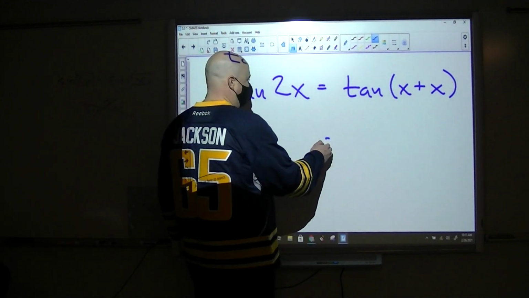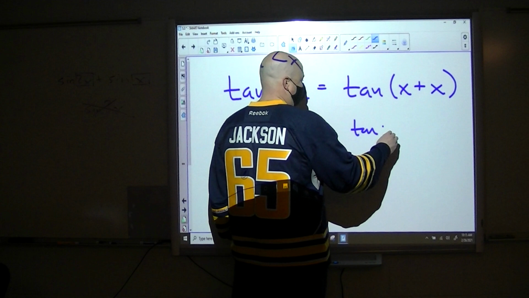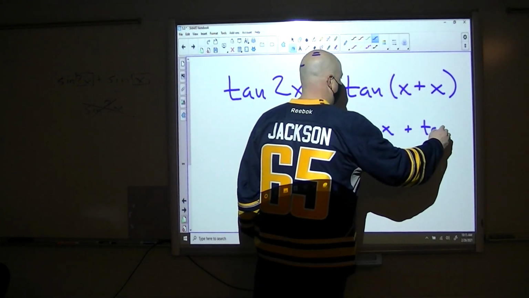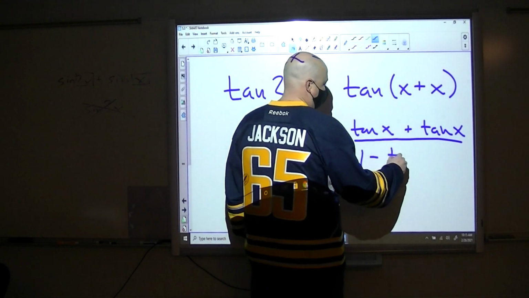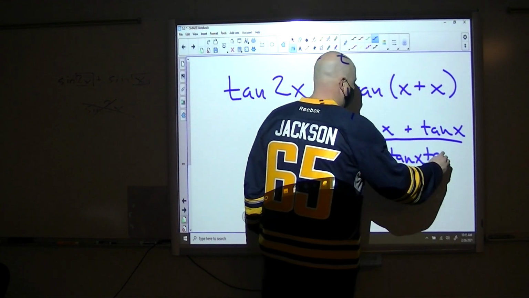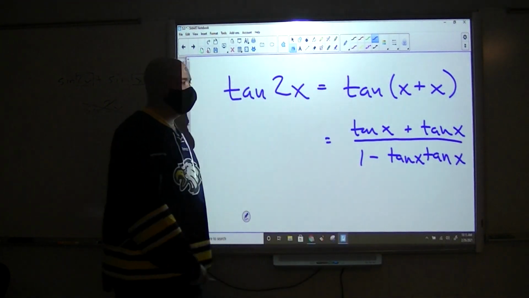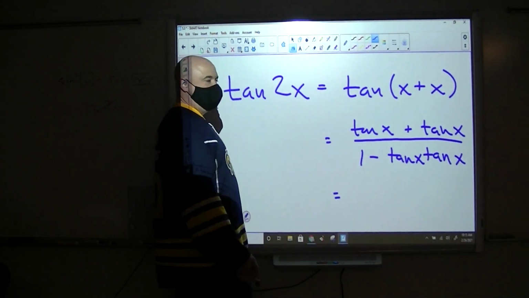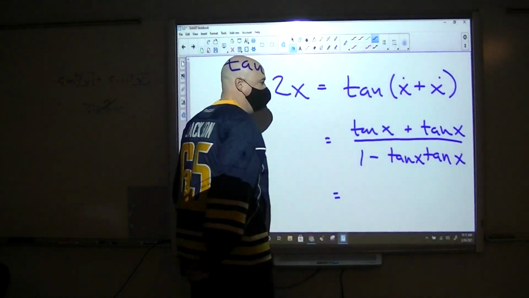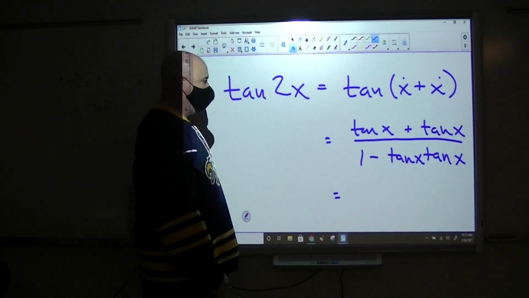We use the sum formula for tangent. The tangent of the first plus the tangent of the second over 1 minus the tangent of the first times the tangent of the second. When I say first and second, I mean first and second part of the binomial.